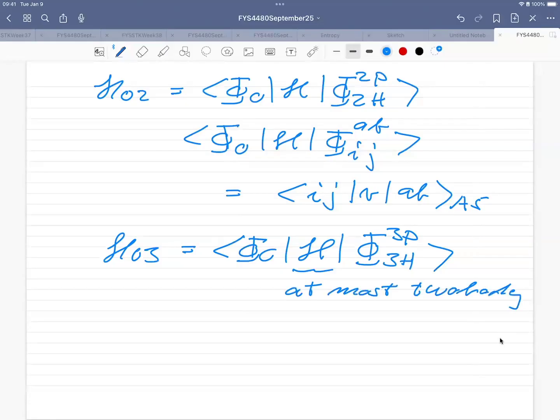If you now go back to the exercise in week 36, this has a very simple value. Does anyone remember that? Yeah, that's 0. So as soon as you have more than 2 single particle states which differ on the bra and ket side, then this specific integral has to be 0.